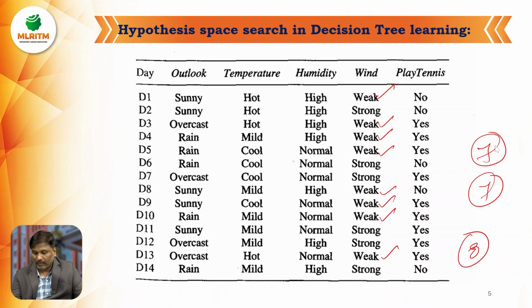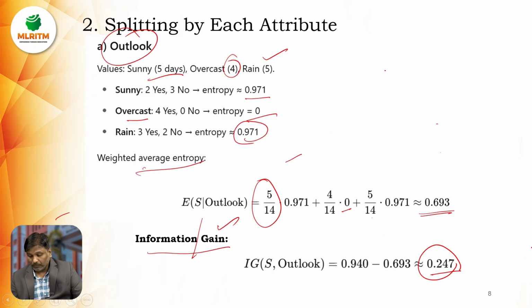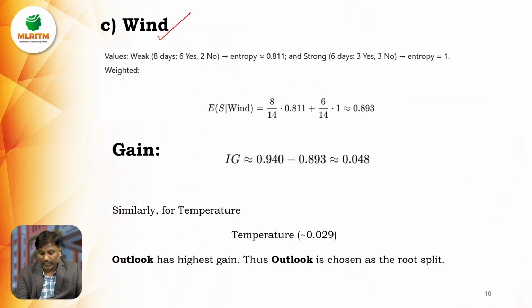So 8 weaks are there. The remaining 6 are strong. This is weak and this one is strong. So coming to this condition, 8 weak and 6 strong.